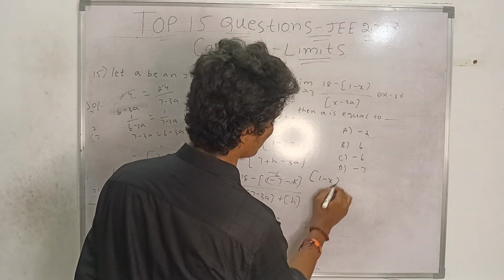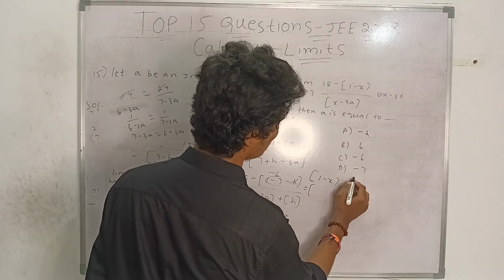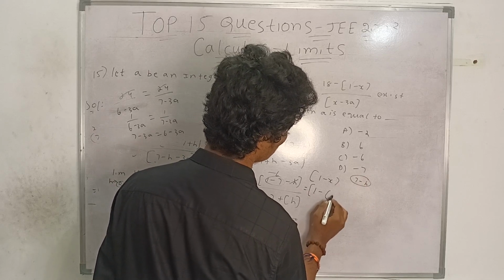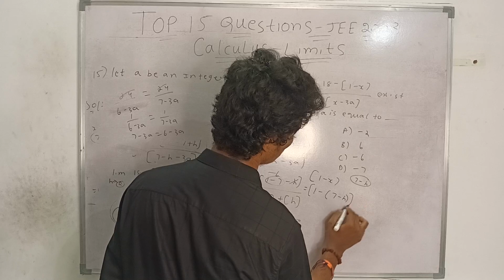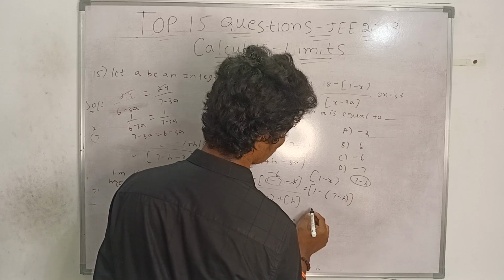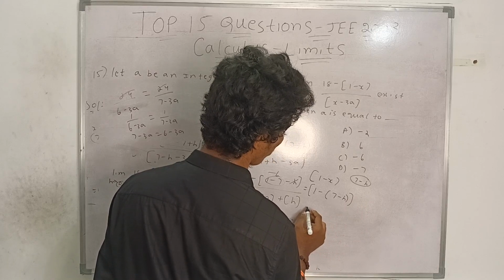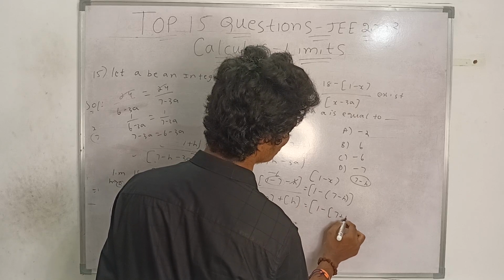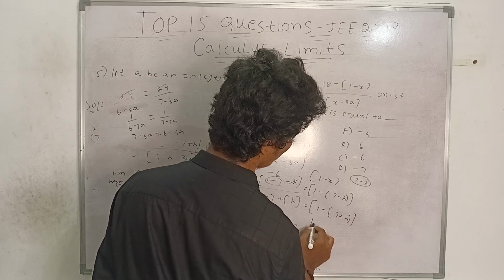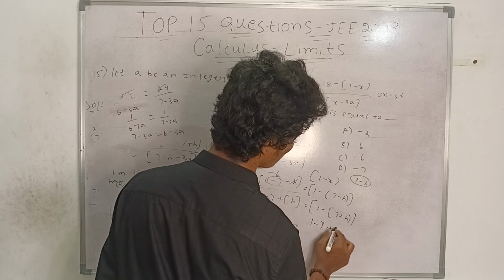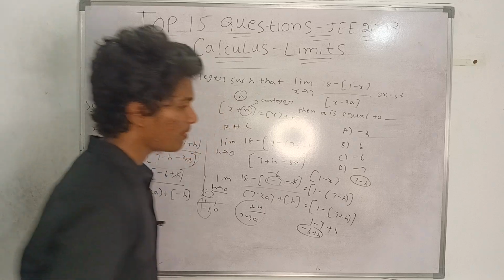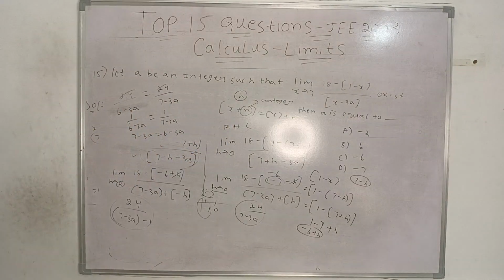Step of 1 minus x. For the LHL part, it is 7 minus h. Yes. And for the RHL part, it is 1 minus 7 plus h, 1 minus 7 plus h minus 6 plus h. Basically there is a confusion here. One second.